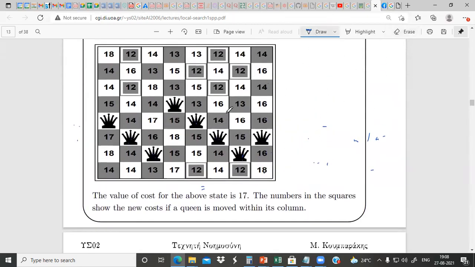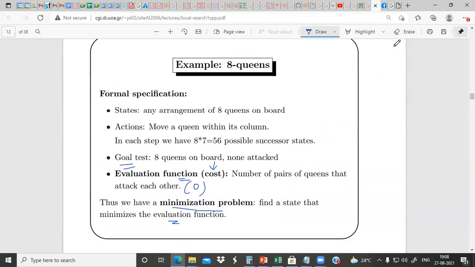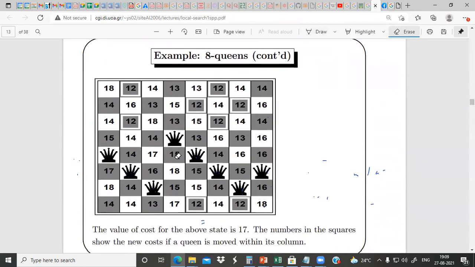So this is just an example of how the local search algorithm, the hill climbing algorithm, can be solved. So this is one board position. Now you have to move to a better board position, that is, a position which minimizes the evaluation function, because our objective is to minimize.